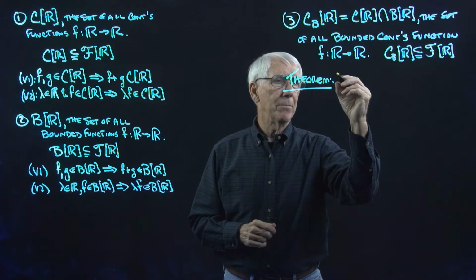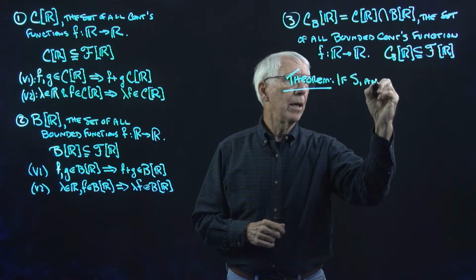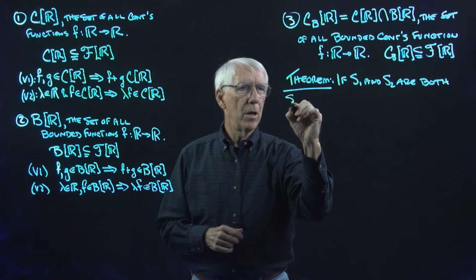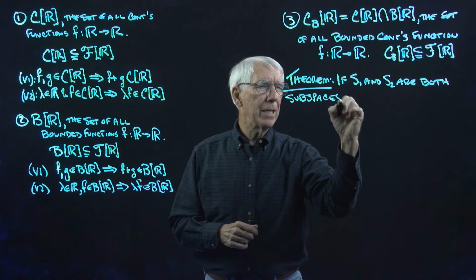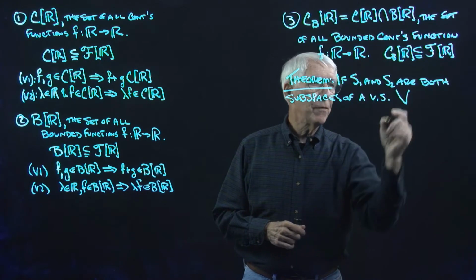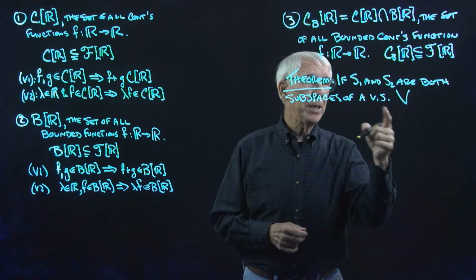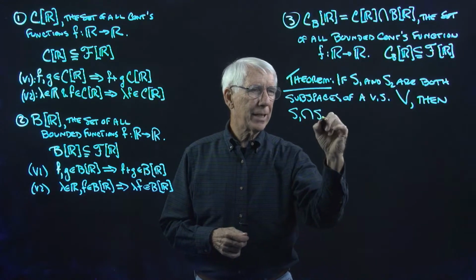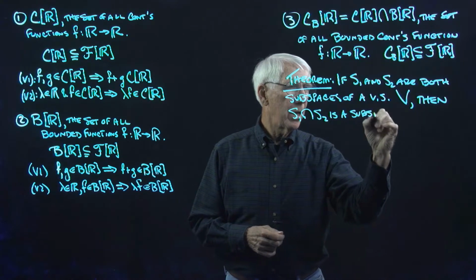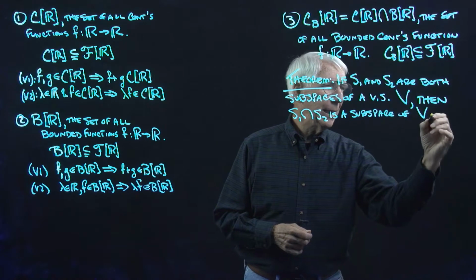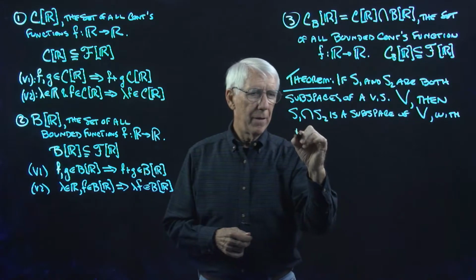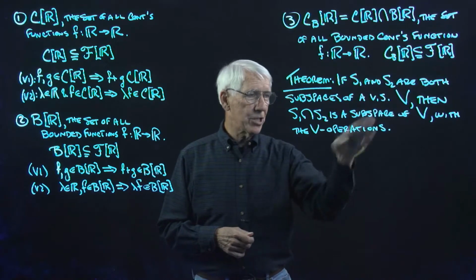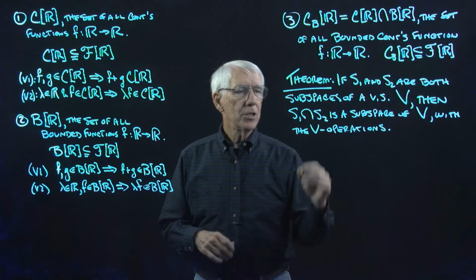So the theorem is going to be: if S1 and S2 are both subspaces of a vector space V, of course the same vector space, then S1 intersect S2 is also a subspace of V, and I guess I should add, with the V operations, of course, the operations that S1 and S2 inherit from the parent vector space V. So let's see if we can prove this.